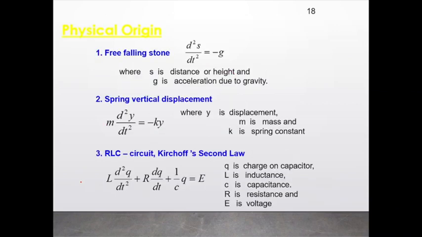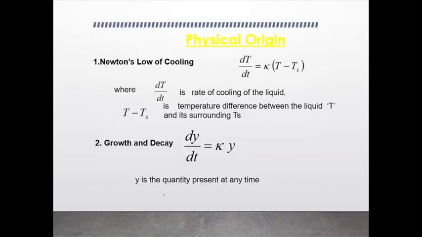We have physical origins, so it can be applied in free falling bodies, springs, and this is the differential equation for the springs, and we will study what those equations mean physically. And we have the RLC circuit, and also Newton's law of cooling, growth and decay, and that's it.